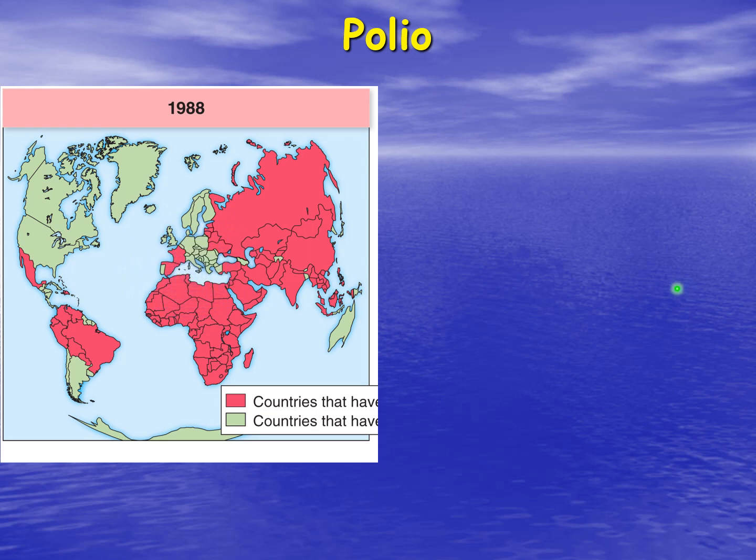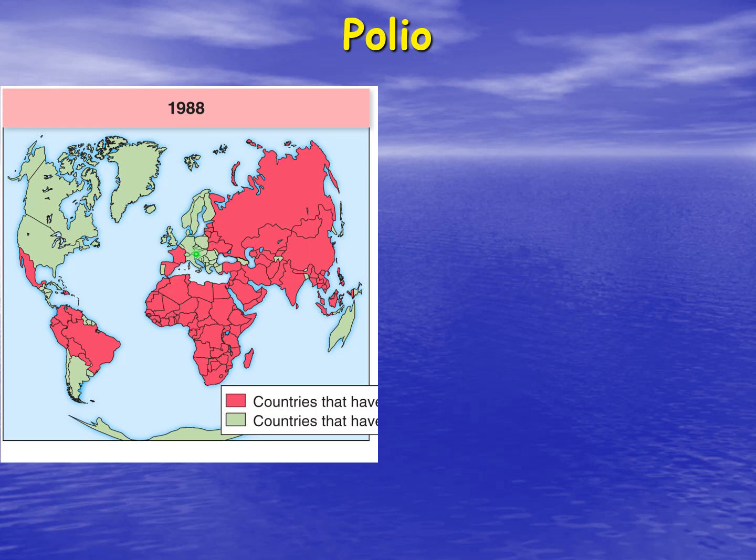So in 1988, most of the polio had been eradicated from the northern hemisphere in North America, Canada, Greenland, and parts of South America and Australia, and most of the industrialized nations of Europe.